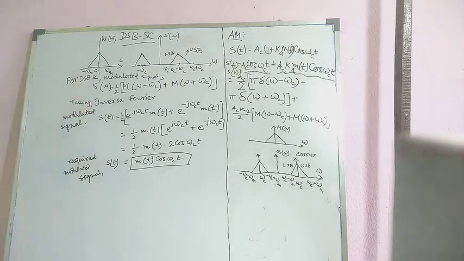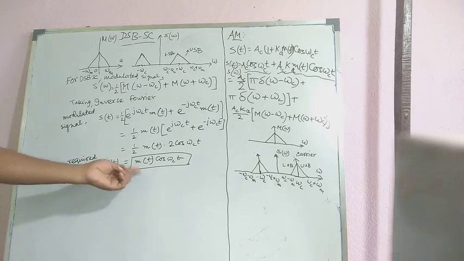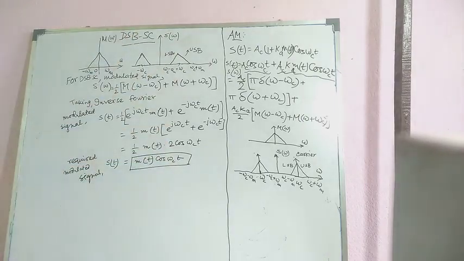So students, here you see a different approach I have followed. In most of the books, they start by writing that for the DSB-SC signal, let the modulated signal be m(t) into cos omega c t. But why?